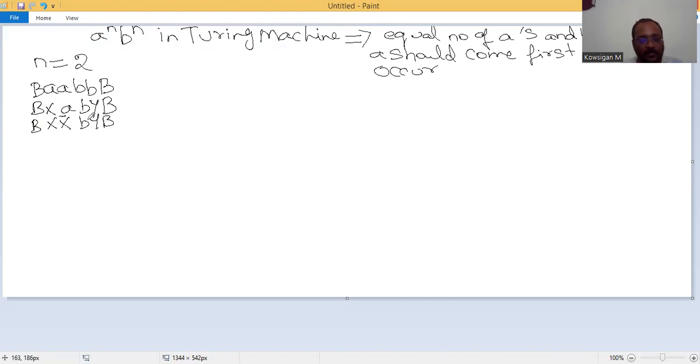Why are we not going to the blank at the right end? Because in the previous step, after reaching the right end blank, we moved to the left side.